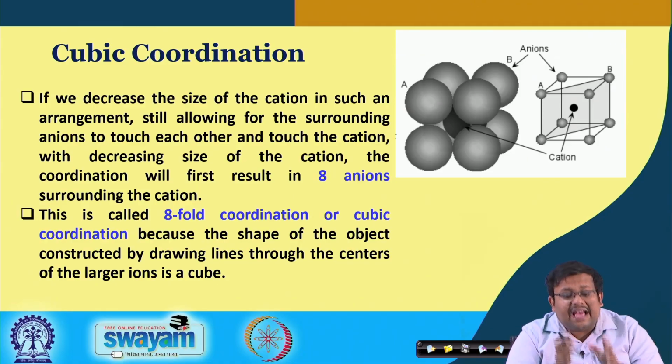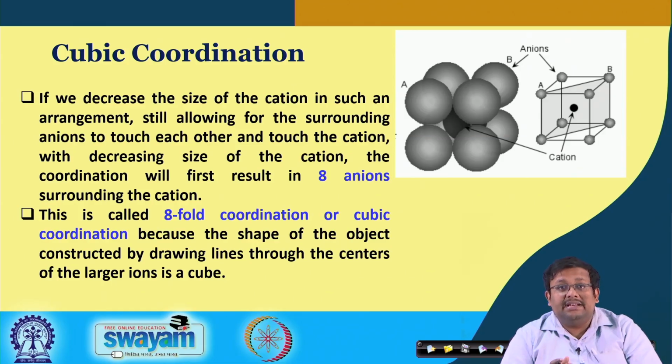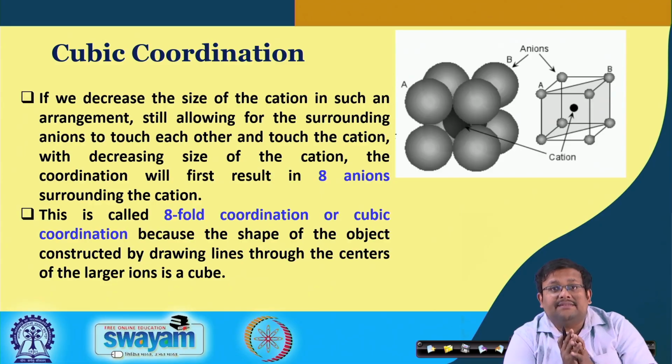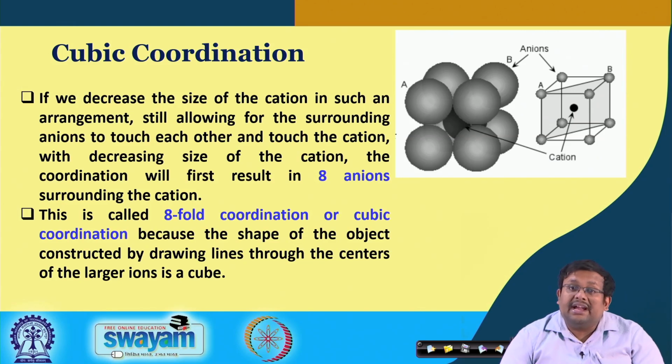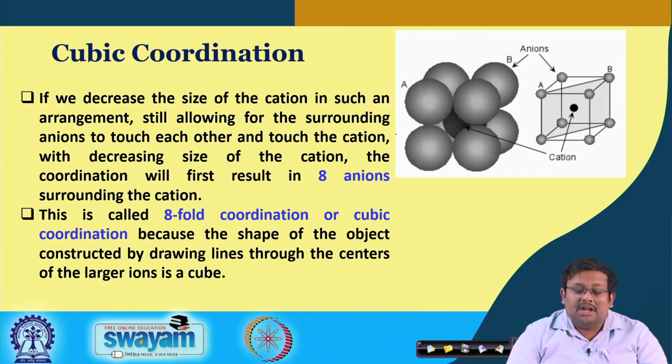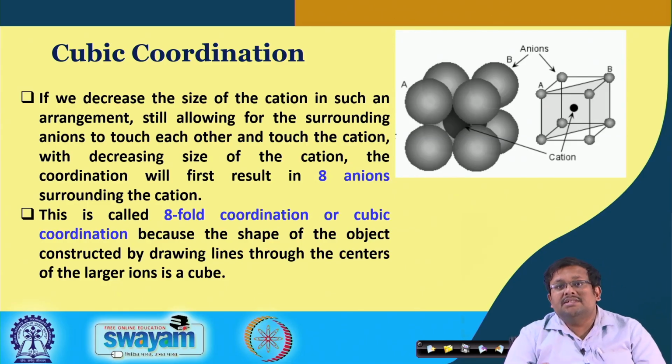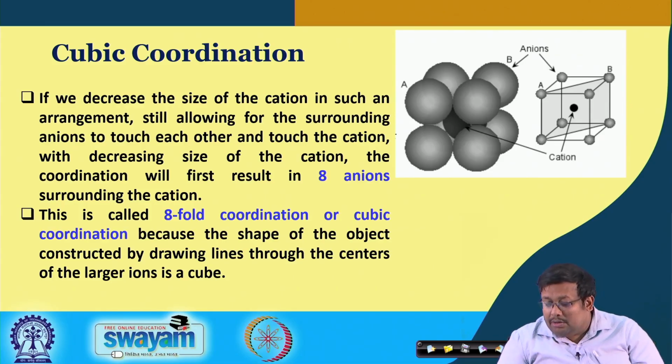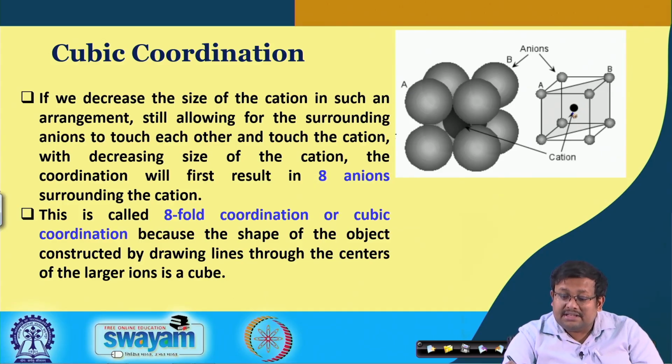If we decrease the size of the cation in such an arrangement, still allowing the surrounding anions to touch each other and touch the cation, the coordination will first result in 8 anions surrounding the cation. Earlier we started with 12-fold coordination. Now we are moving towards 8-fold coordination, because due to the decrease of the cationic size, we are now surrounding the cation by only 8 anions, as you can see here: 1, 2, 3, 4, 5, 6, 7, 8.